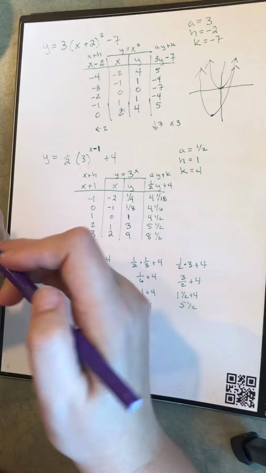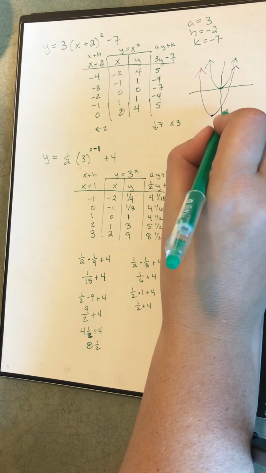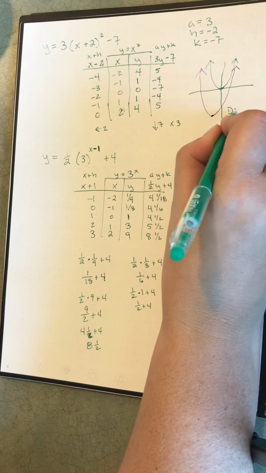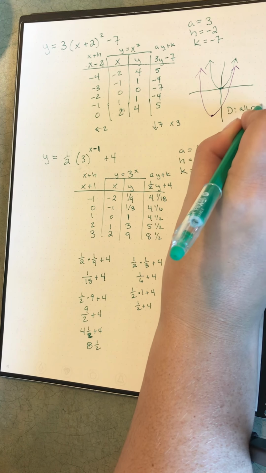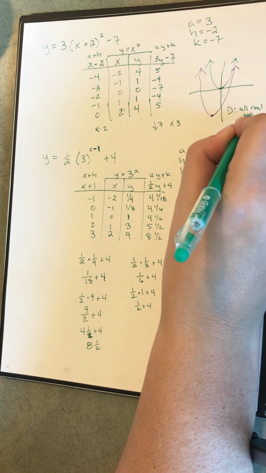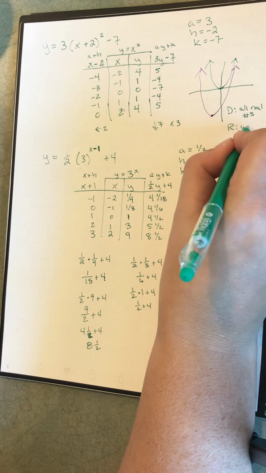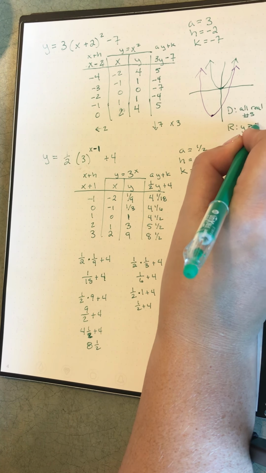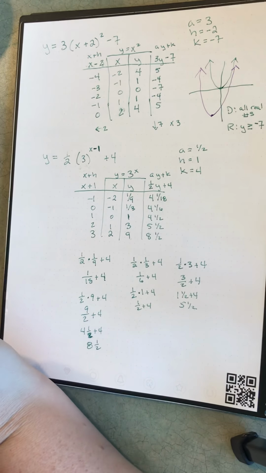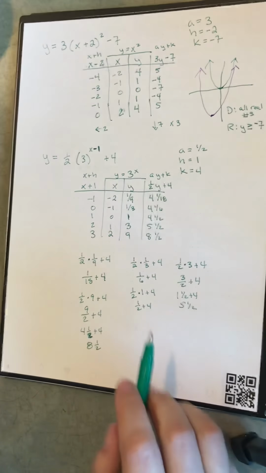And I'm just sketching quickly. So my domain is all real numbers. And my range is y is greater than or equal to -7. Looking from that vertex up.